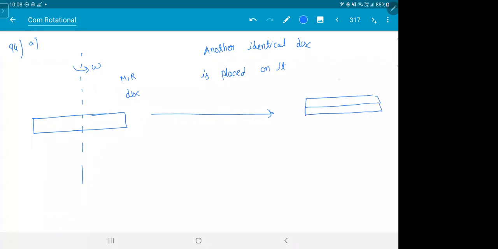It will become like this. Find omega final. So you took another identical disk and kept it on top of this, so omega will change. So what is that omega final?